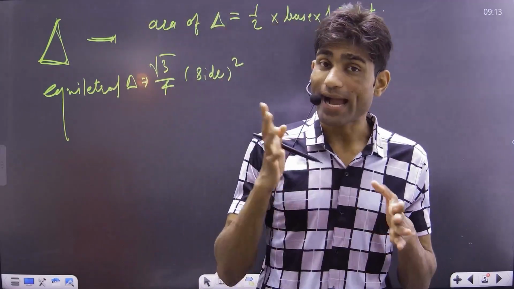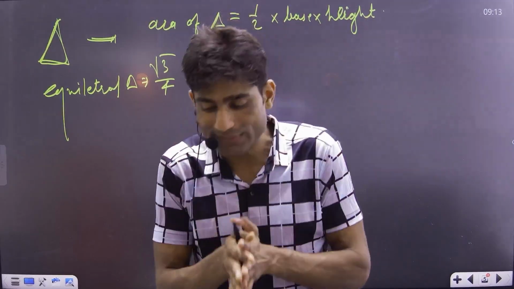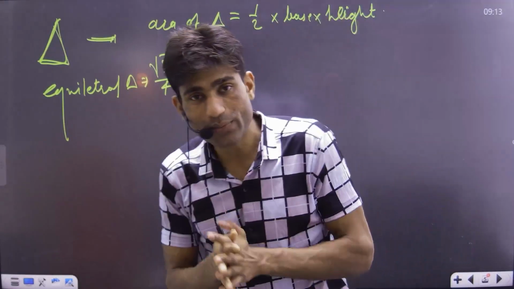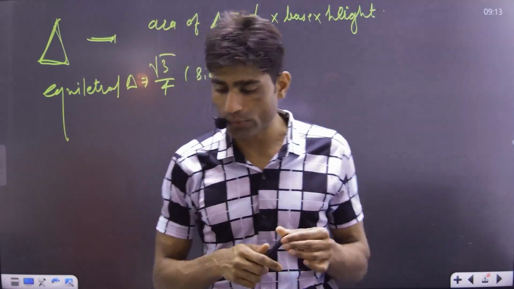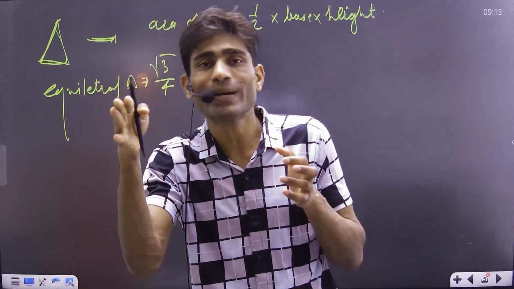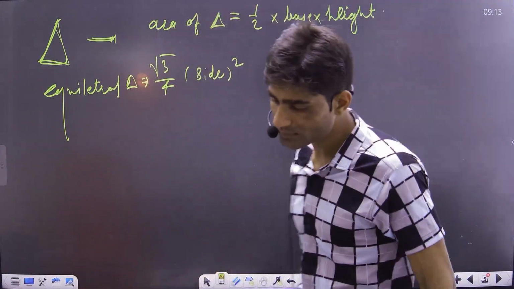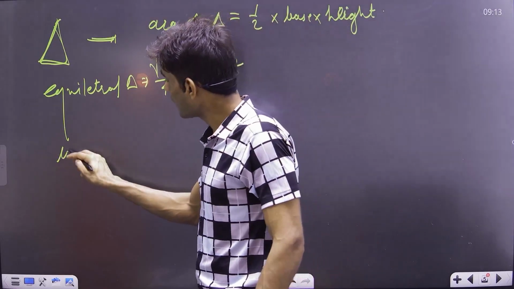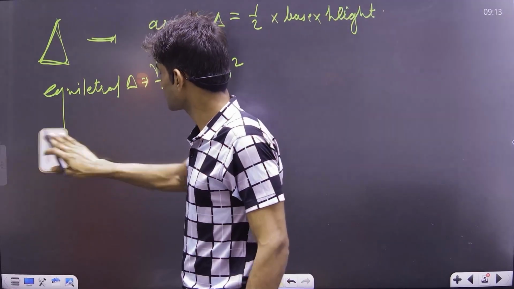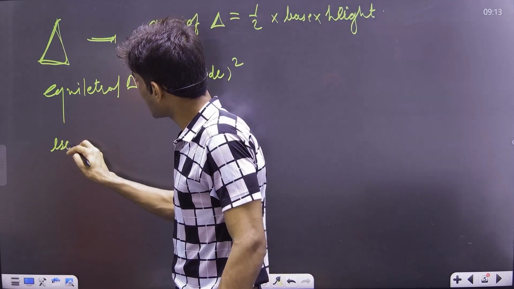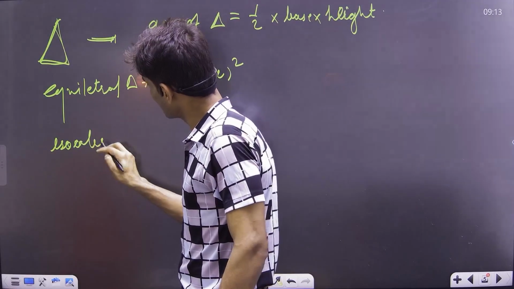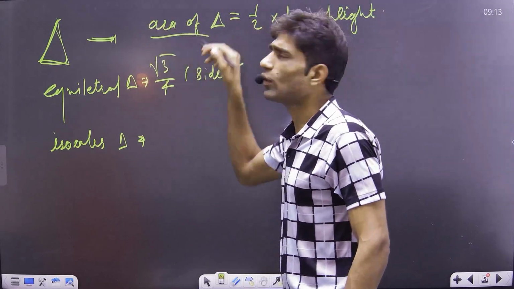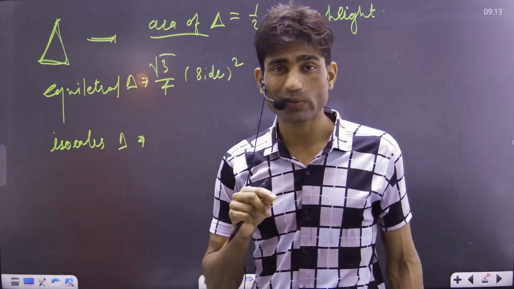And about the isosceles triangle, we consider the area as base divided by 4 under square root of 4 times one side square minus base square, that means 4 times equal side square minus base square. Okay, you need to understand it.